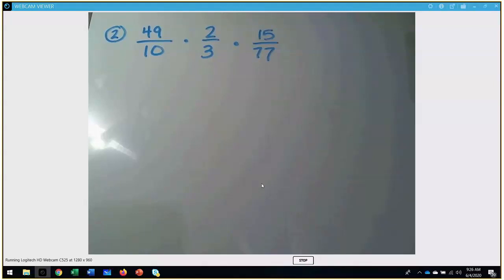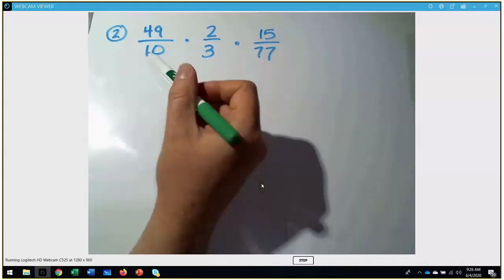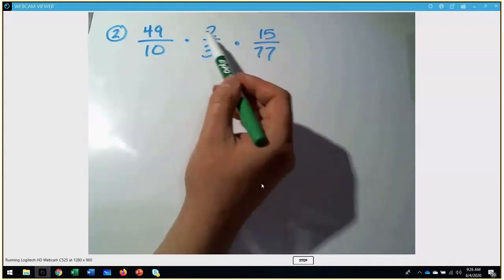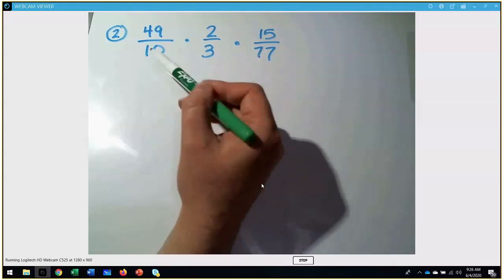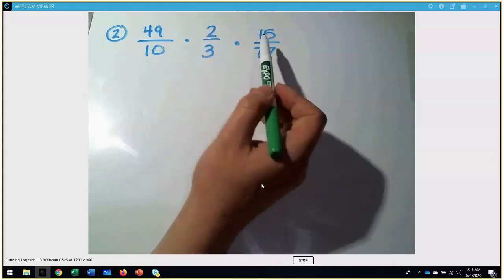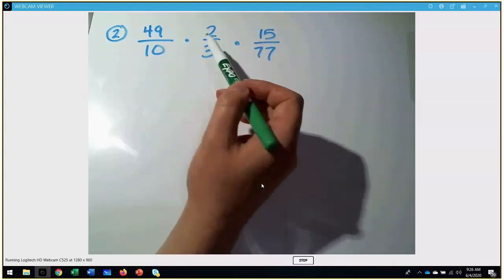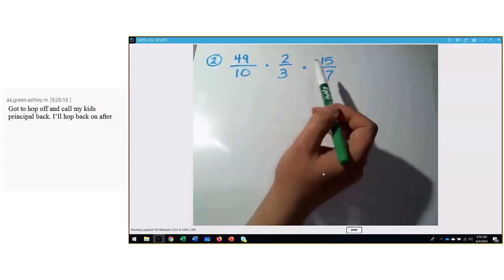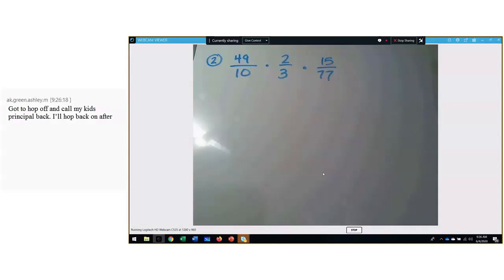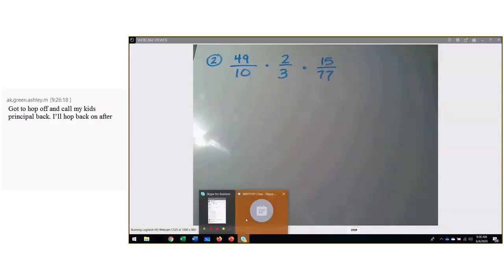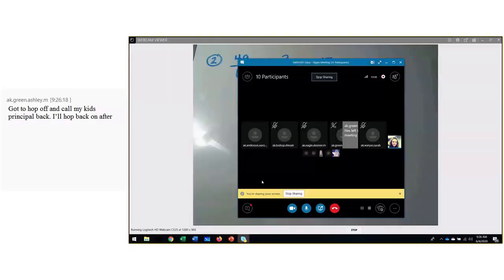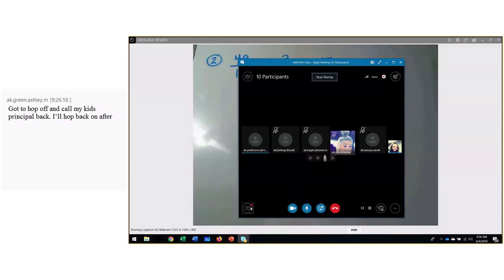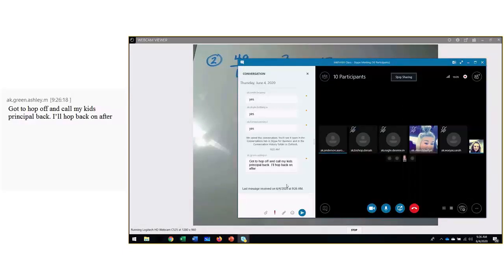When you simplify diagonally, the rule is you just need one thing in the bottom and one thing in the top. It doesn't matter if you try to simplify the 10 with the 15 or the 10 with the 2. If you can divide these both by something that works, that's all that matters. So you can do the 10 and the 15 by the 5 and make it 2 and 1.